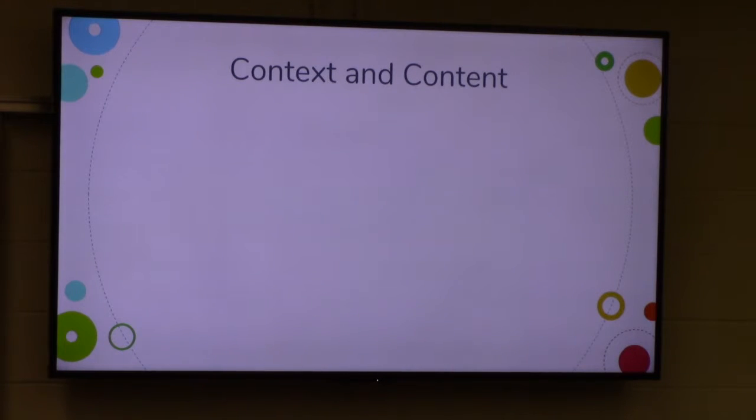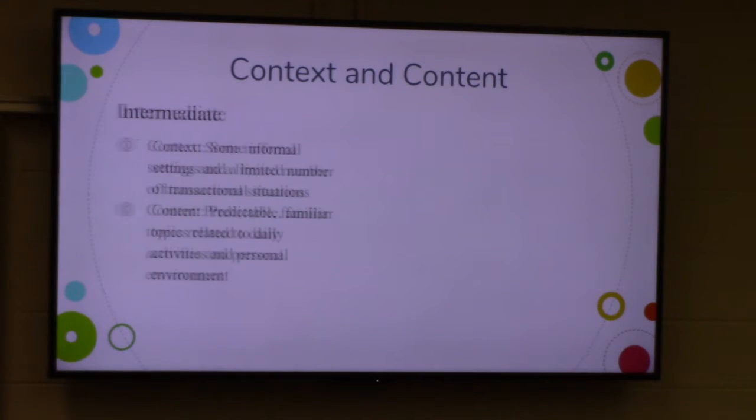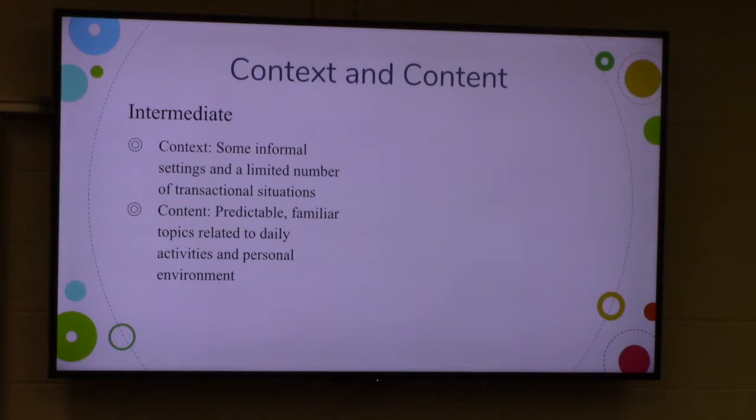So our next criteria is context and content. To me, it's like two different criteria. I don't know why they put them together. I think maybe they want to keep it simple and concise. So context is talking about the settings, whether or not it is formal or informal, okay?